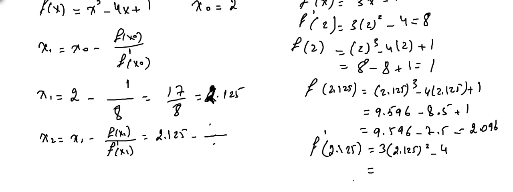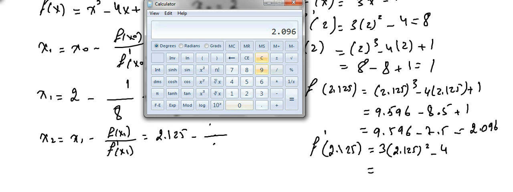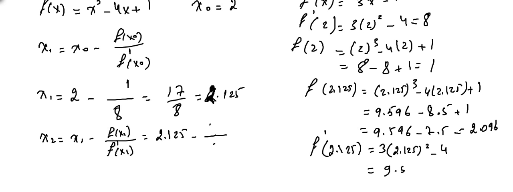So 2.125 squared, 2.125 times 2.125, is 4 point something, times 3, and we subtract 4 from that. We get 9.547, rounding. So this number here will be 2.096, and this number here will be 9.547.